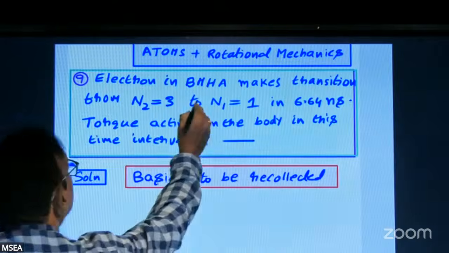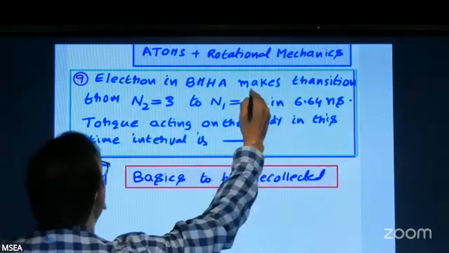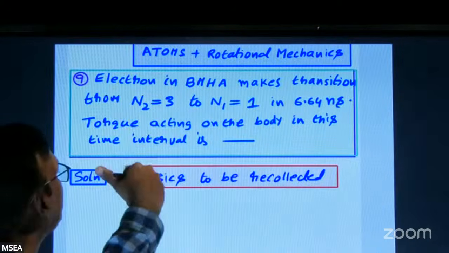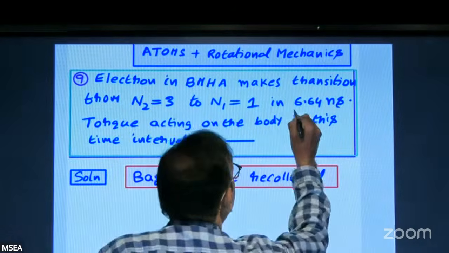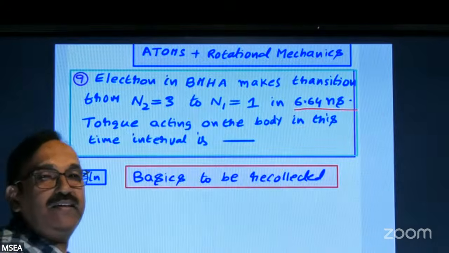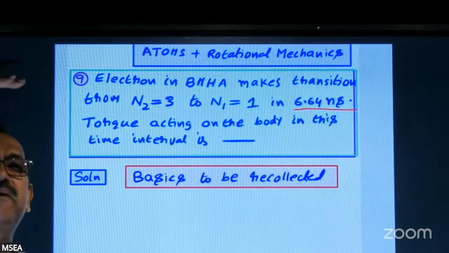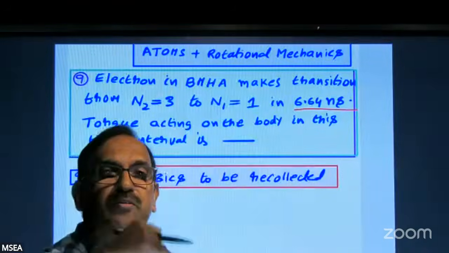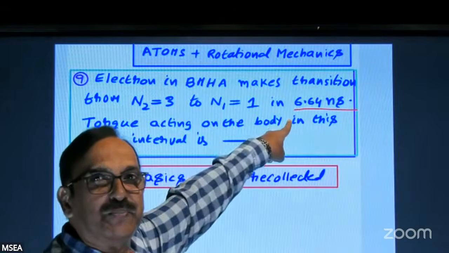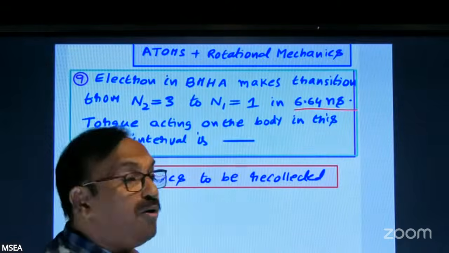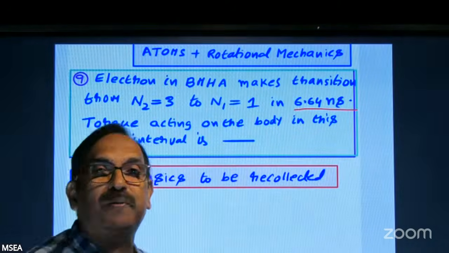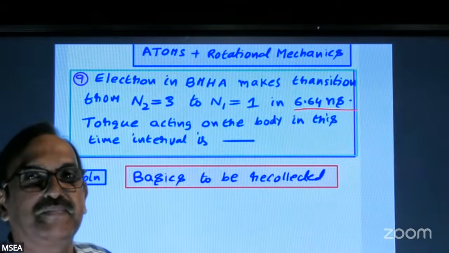Now, an electron in Bohr's model of the hydrogen atom makes a transition from the third orbit to the first orbit in 6.64 nanoseconds. The electron jumps from a higher orbit to a lower orbit, and to jump from the third orbit to the first orbit, it consumed this much time. I want to know what is the torque experienced by the electron during this time?